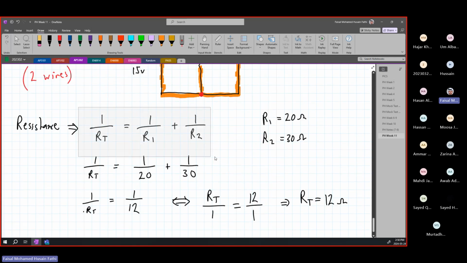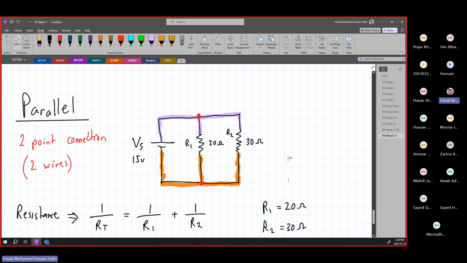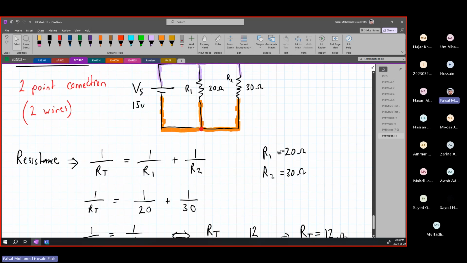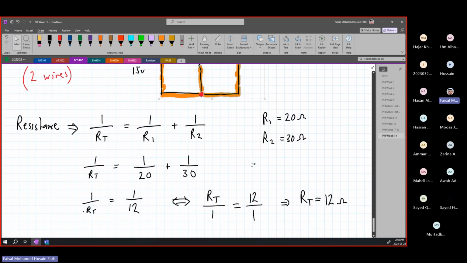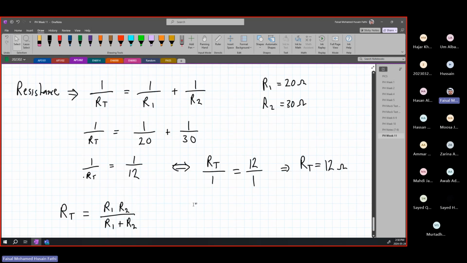So you can apply this formula when you have two resistors in parallel. In the case of only two resistors, I believe this formula is also given in the formula sheet. You can use this formula directly, which is RT is equal to R1 R2 over R1 plus R2 to find your R total. All right.